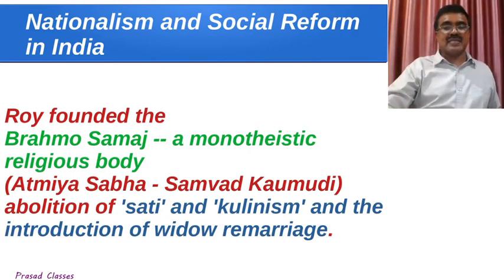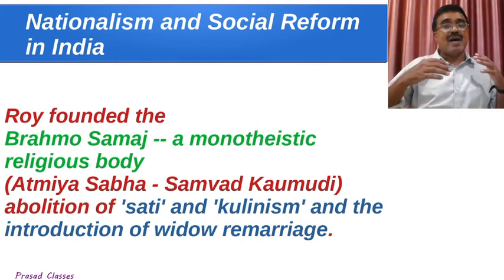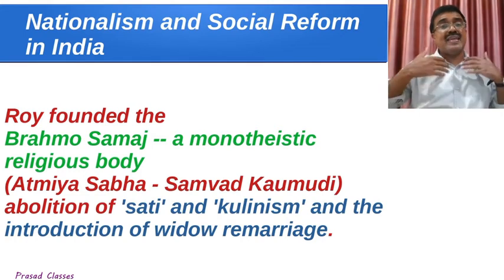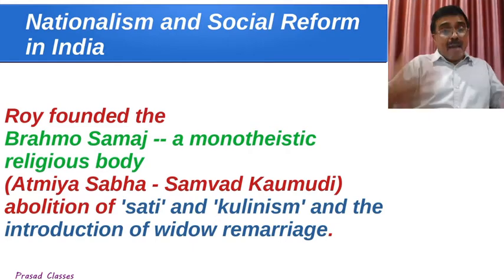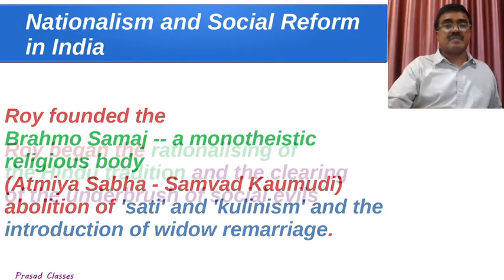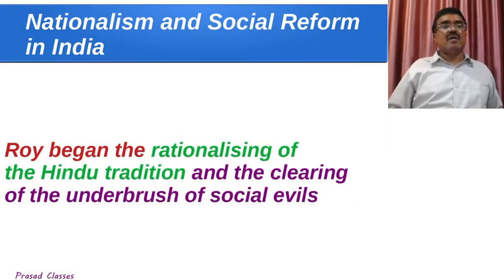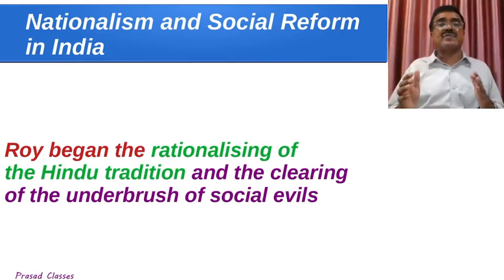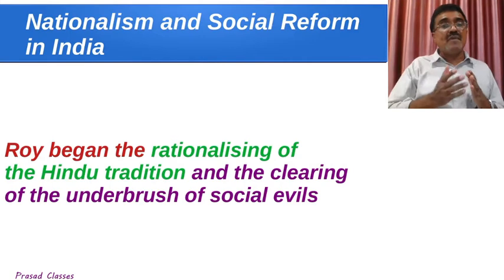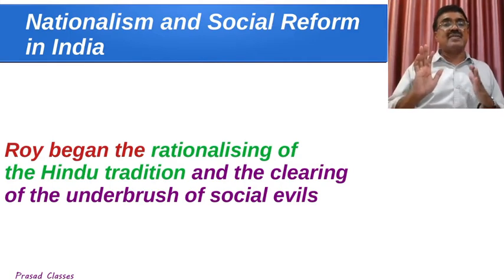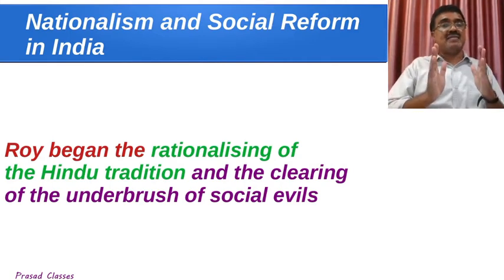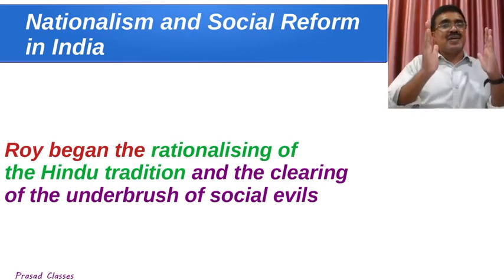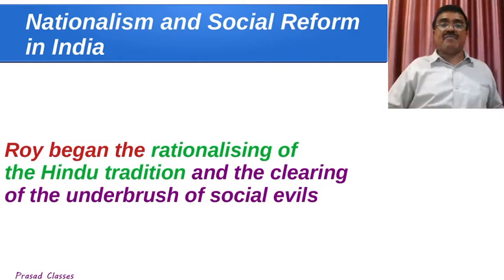That was his primary concern, and he argued for that and constantly campaigned for it. So he began rationalizing Hindu tradition and clearing the underbrush of social evils. He wanted to do away with these social evils and rationalize Hindu tradition, and uplift Hindu traditions, customs and the Hindu way of life.